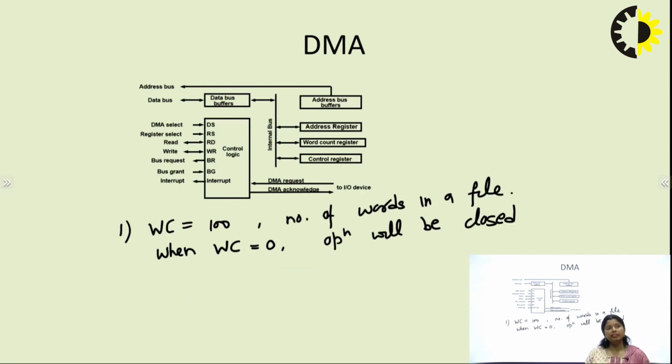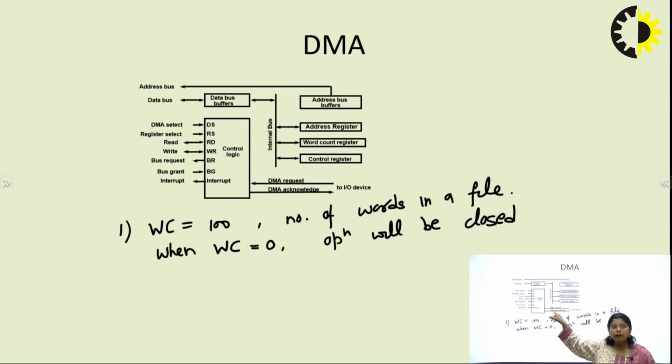One more register is the word count register. Suppose the word count register has a value of 100. The word count content is the total number of words that you are going to transmit in a file, so suppose there are 100 words.